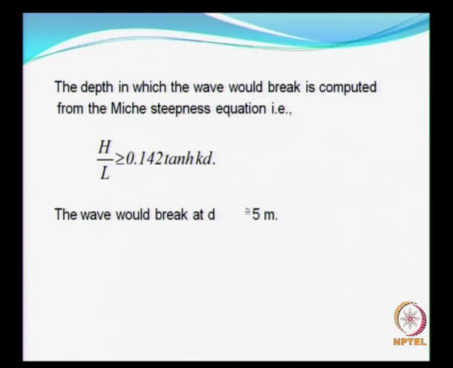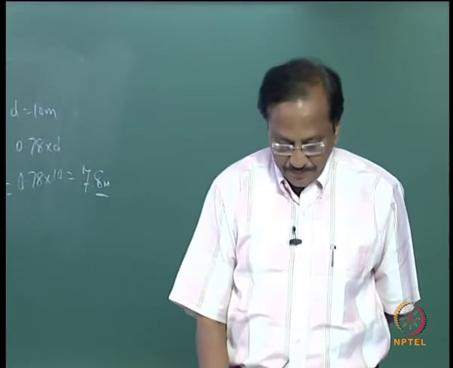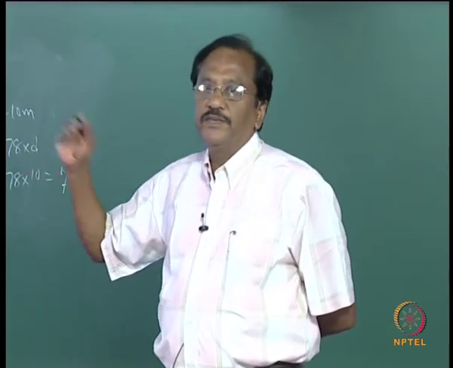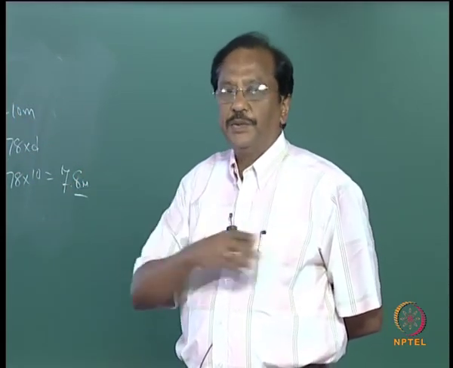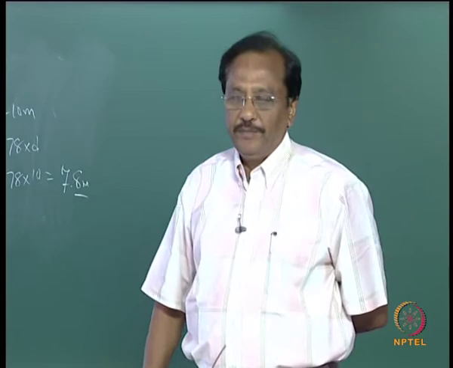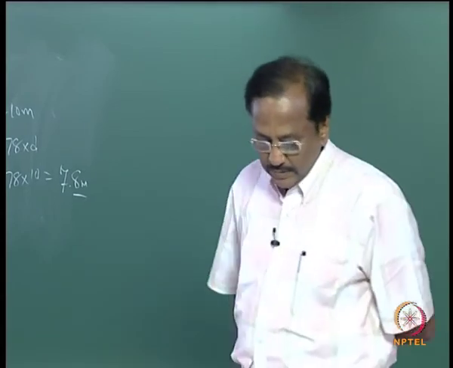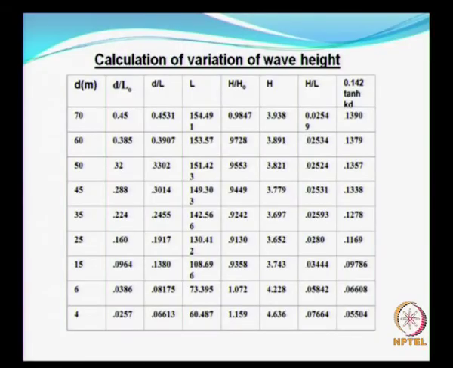So, later you will see when we examine this, we will see that the wave would break something around 5 meters. But in the problem you have been asked to look at the variation of the wave height. So, now I take a water depth of 70 meters, I start from 70 meters.